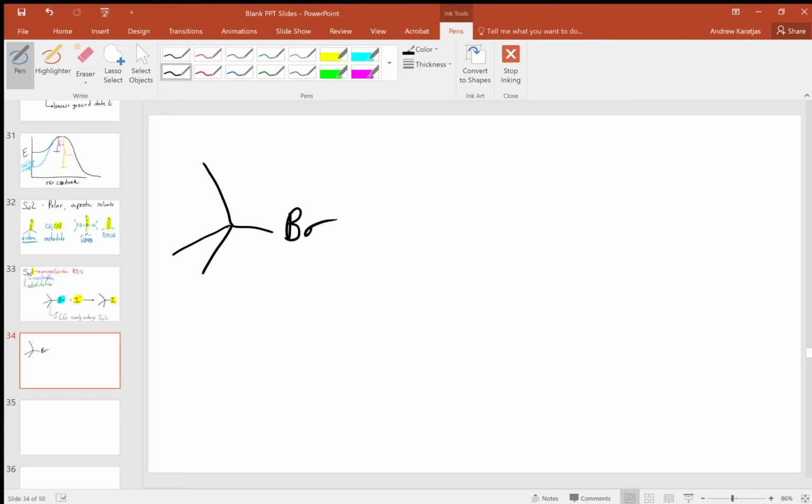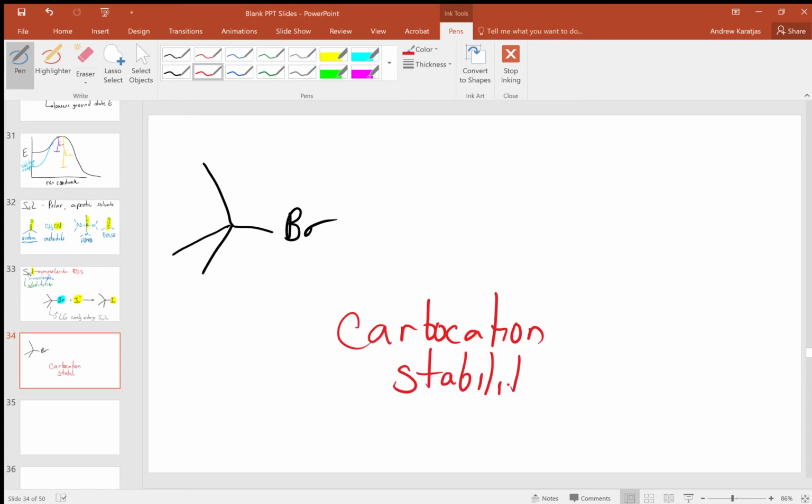And what are some of those things? When do we get a benefit from having more substituents? Well, one of the most common things where more substituents are better are for carbocation stability. The more carbon groups you have, the more stable your carbocation is.